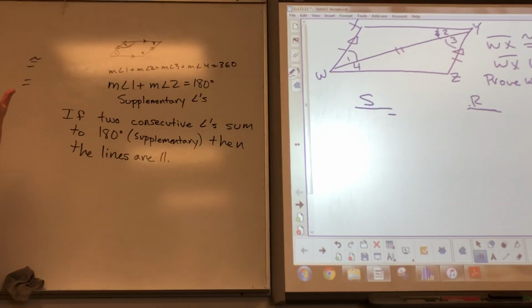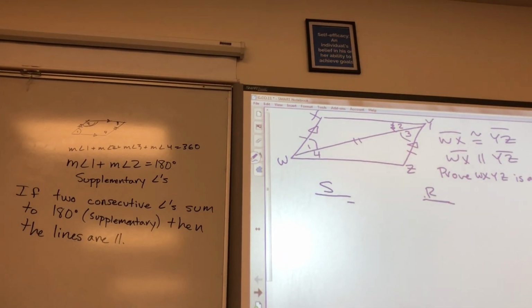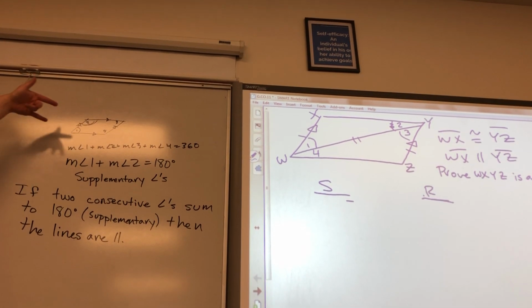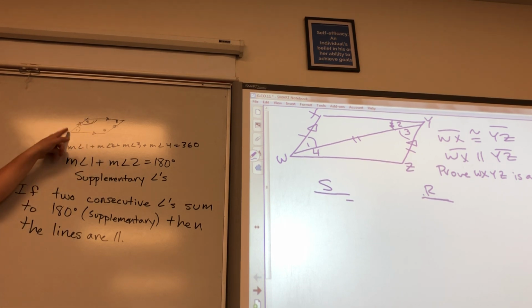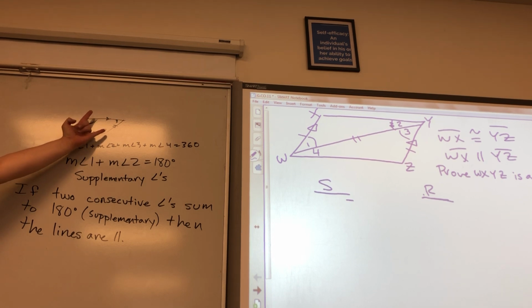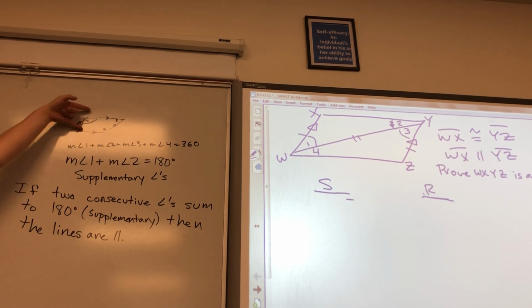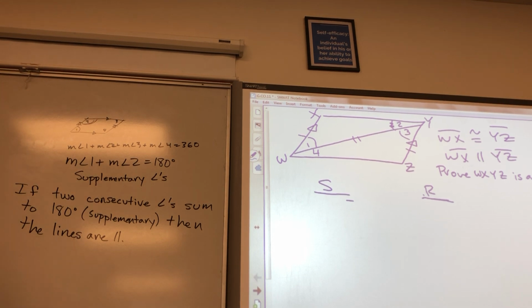If they were supplementary, then I would be able to say that's kind of a transitive type property because they're equaling the same thing. But this plus this equals 180. This plus this equals 180. Well, since they're both using angle 1, we know that 2 and 4 have to be congruent because they connect to the same supplementary angle.